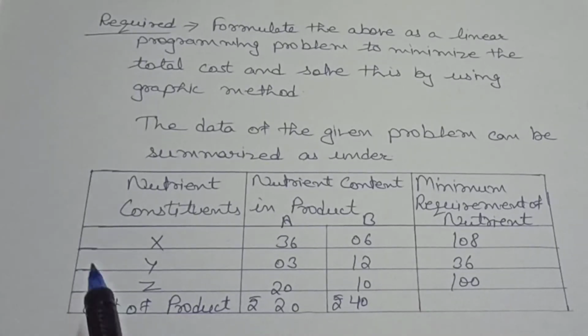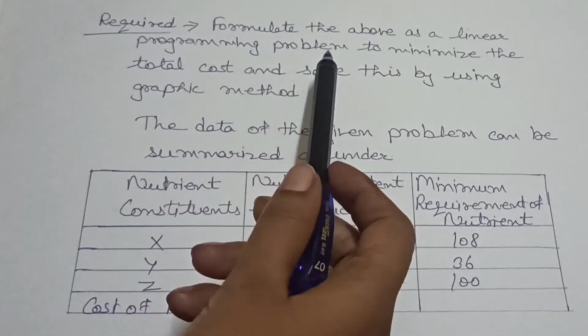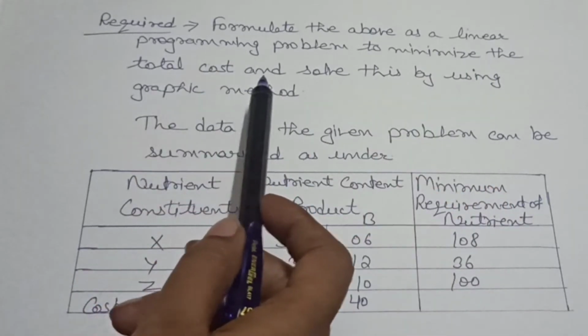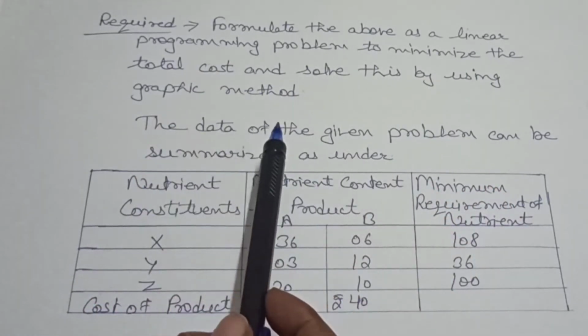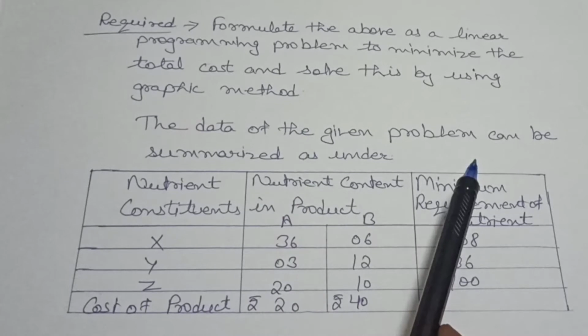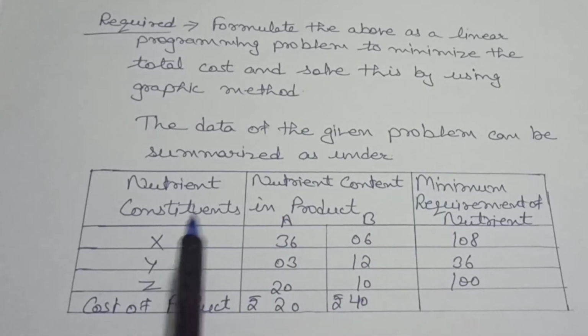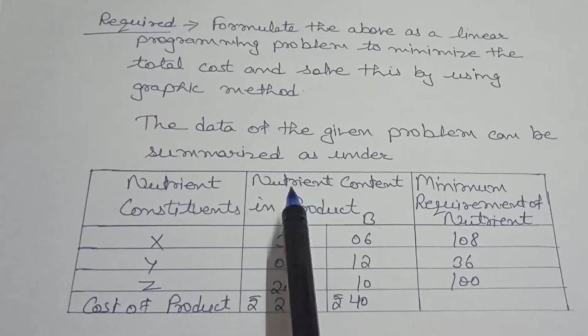We have to formulate this as a linear programming problem to minimize the total cost and solve this by using the graphical method. The data of the given problem can be summarized as under. As you can see in this table, these are our nutrients X, Y, and Z, and these are the products.